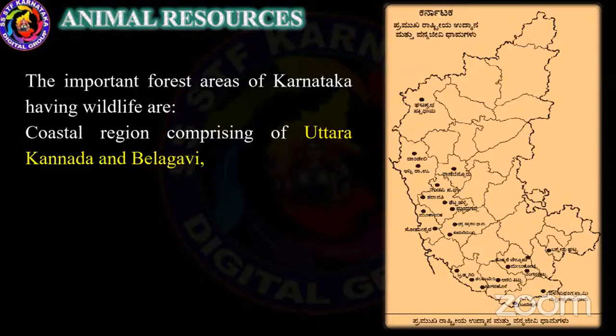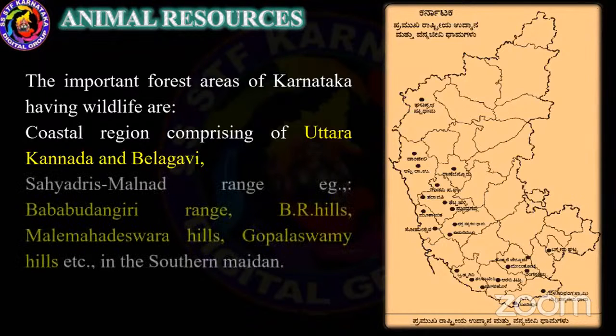In this region, there are many wild animals. And the Sahyadri Malnad range, Baba Budangiri in the southern part of Karnataka, Biligiri Hills, Malay Mahadeshwara Hills, and Gopalaswamy Hills in the southern Maidan. These are the important areas which have rich animal resources.